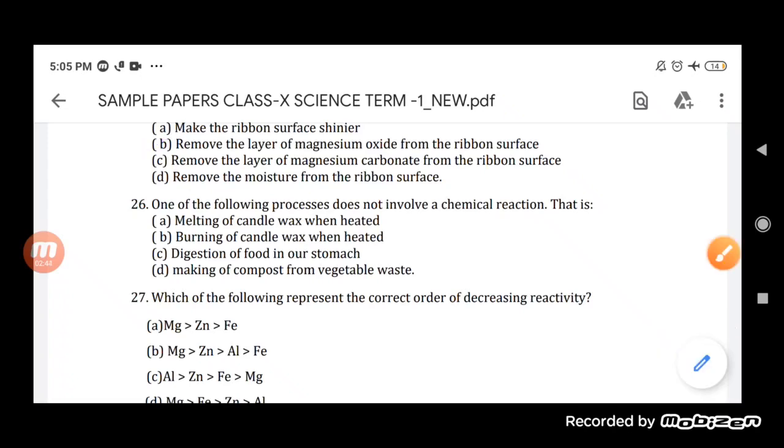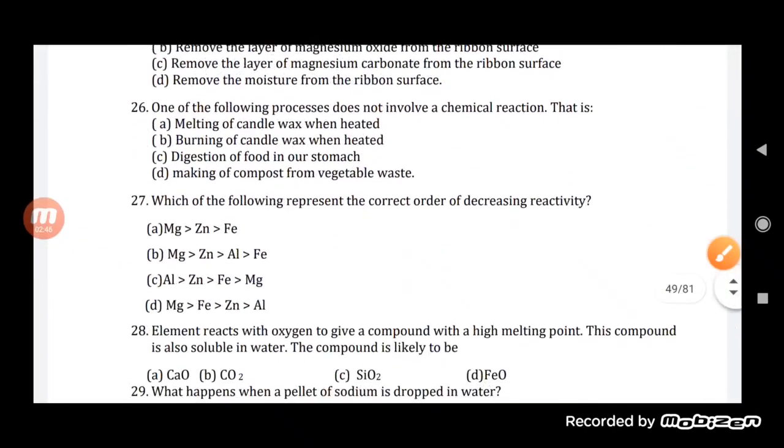Now, which one of the following processes does not involve a chemical reaction? Melting of candle wax when heated, burning of candle wax when heated, digestion of food in our stomach, or making of compost from vegetable waste.